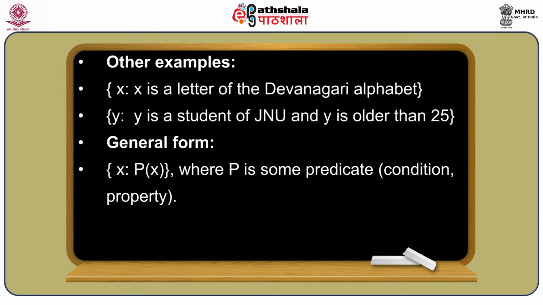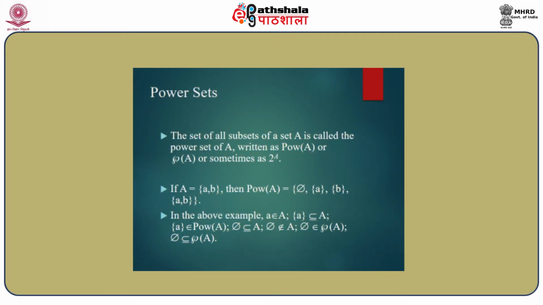This is a common mistake people make frequently when you're first encountering set theory. Next is the notion of a power set. The set of all subsets of a set A is called the power set of A and is denoted as pow A, or Gothic P with the argument A, or sometimes as 2 to the power A. So for example, if A is the set consisting of a, b, then Gothic P of A is the set consisting of the empty set, the singleton of a, the singleton of b, and the set consisting of a, b by itself.